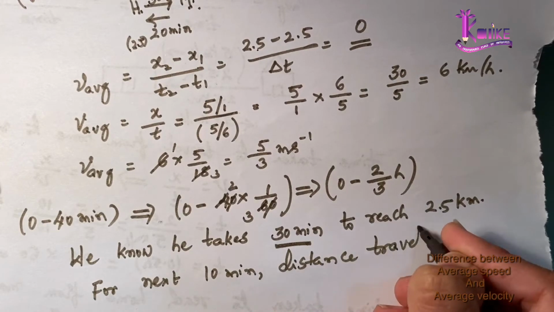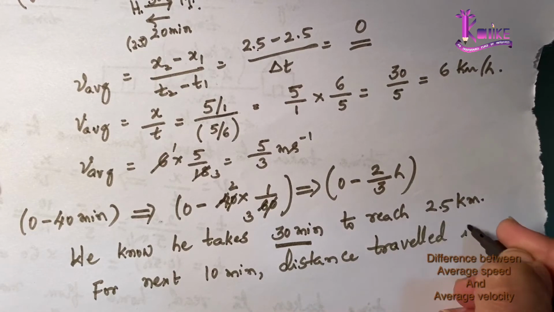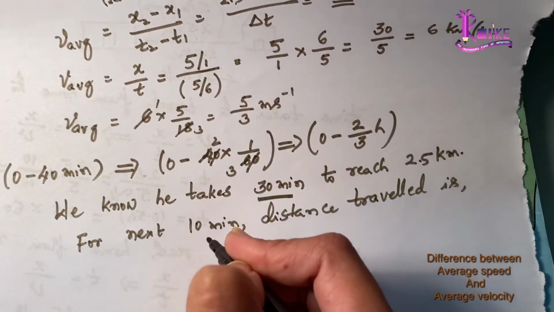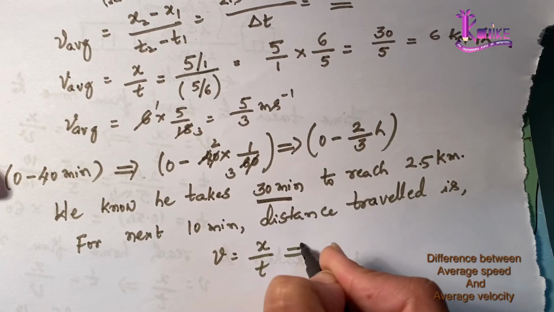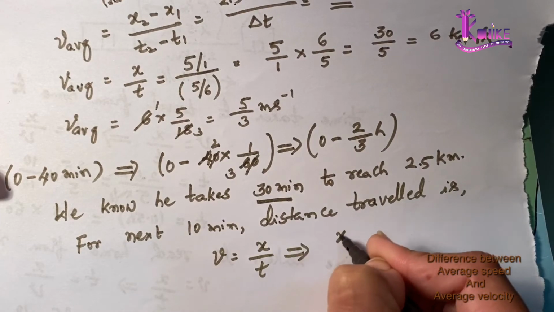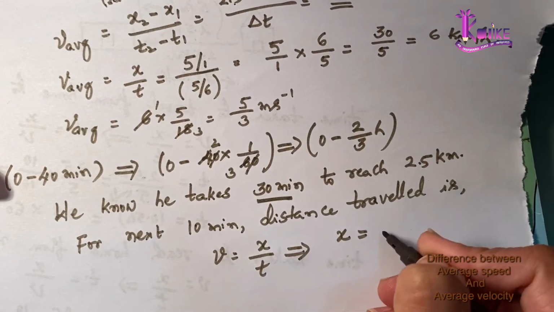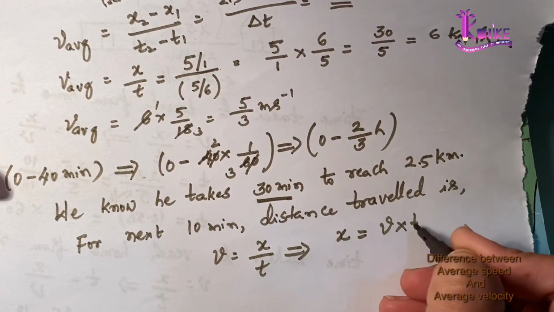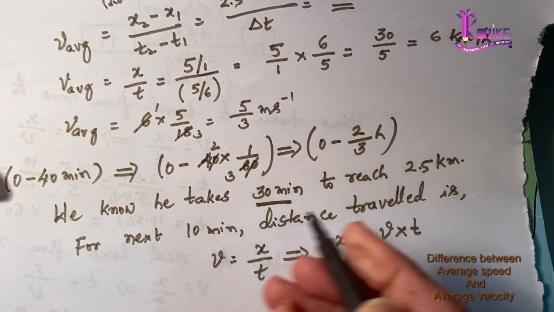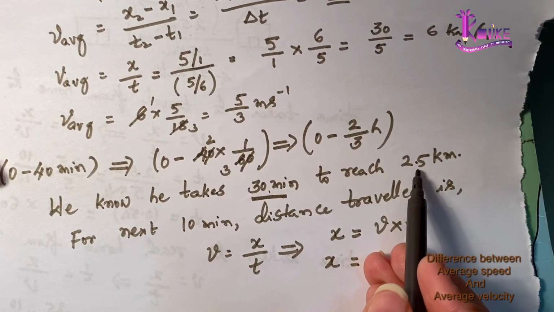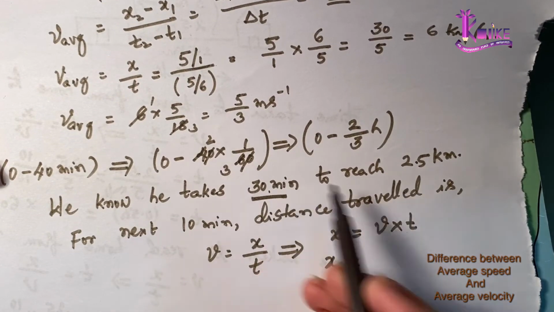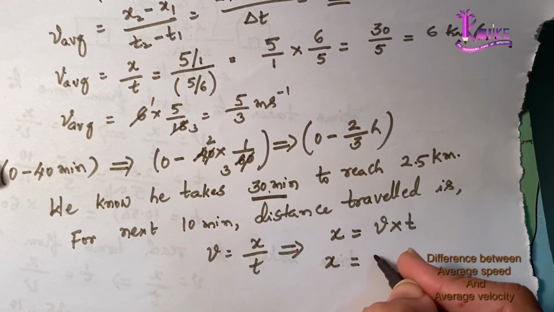is, so to calculate the distance traveled, we know speed is equal to distance by time. In other words, distance, let's cross multiply, will be velocity into time. So in 30 minutes he reaches a market which is 2.5 kilometer away. He's walking back with a speed of how much? 7.5 kilometers per hour.